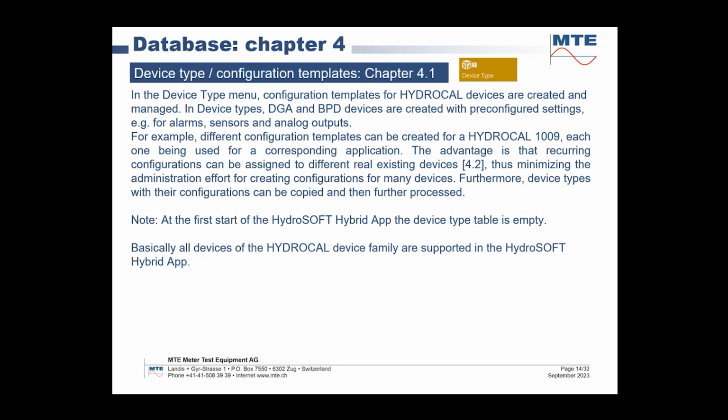But of course, according to the type of HYDROCAL, some functions are visible and some functions are not possible for some HYDROCAL. For example, with HYDROCAL 1004 Genix, we don't have any additional sensors or analog outputs. Basically, all devices of the HYDROCAL family are supported in the HydroSOFT Hybrid app.